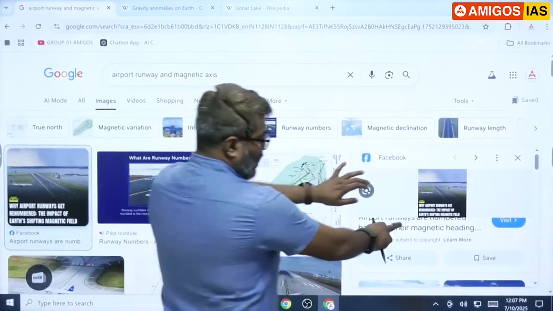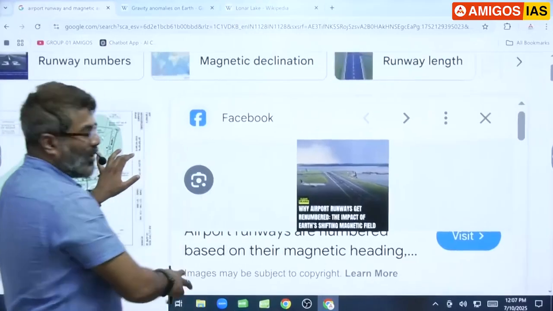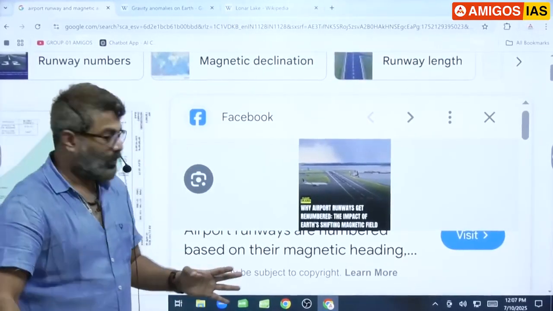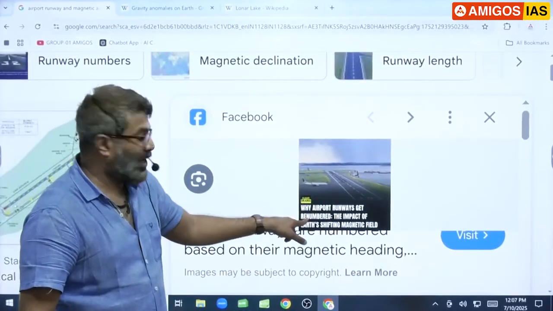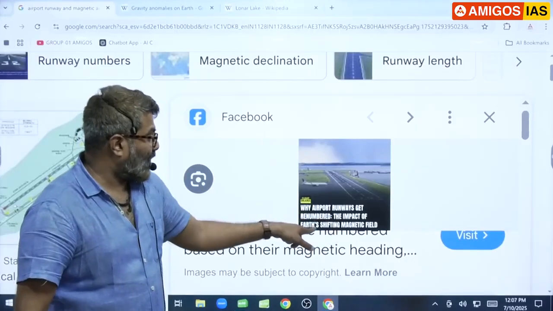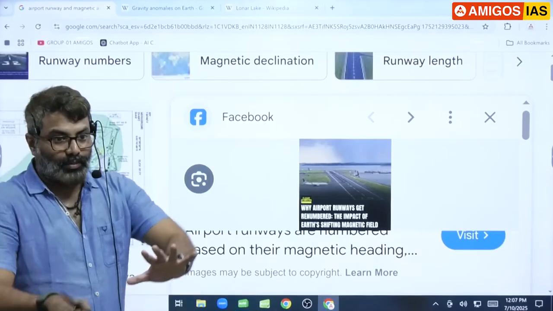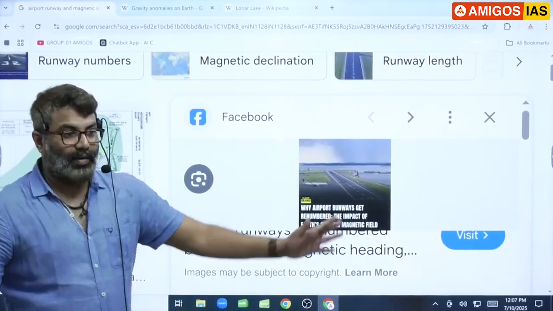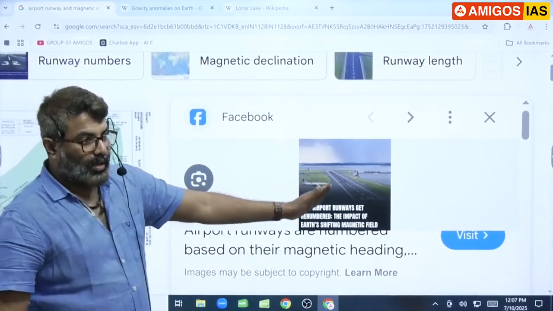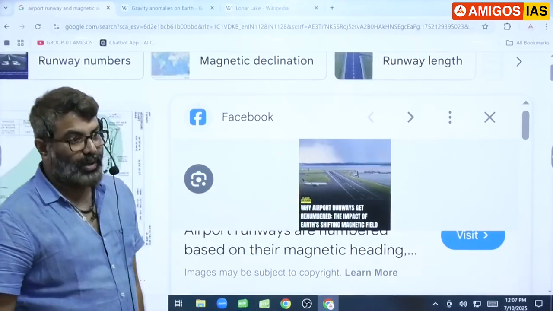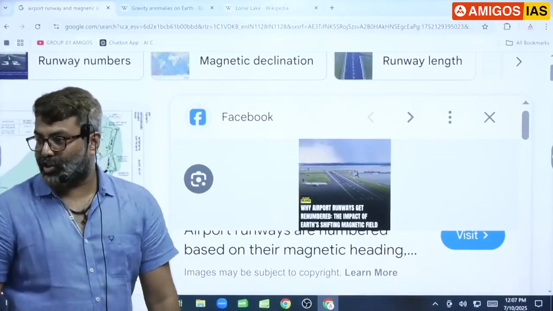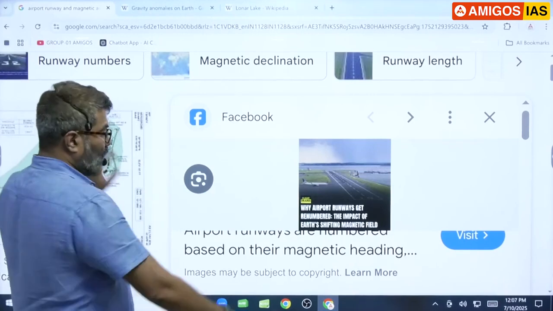Nowadays people make reels and videos on every issue. See, why airport runways get renumbered and the impact of Earth's shifting magnetic field. Our axis changes, the magnetic field changes, and the runways have to be changed or their alignment slightly changed.